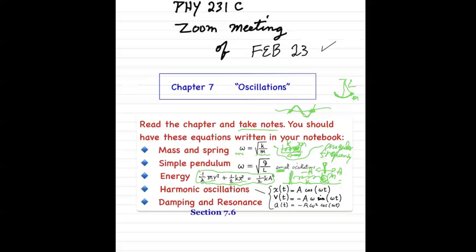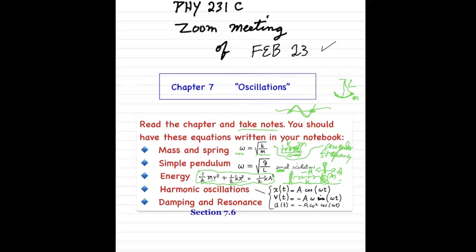Again, omega is the angular frequency. So when t is 2 pi divided by omega, I have here the cosine of 2 pi radians. So omega t varies from 0 to 2 pi. That means t varies from 0 to 2 pi divided by omega.